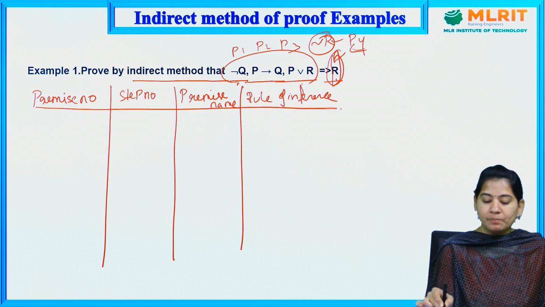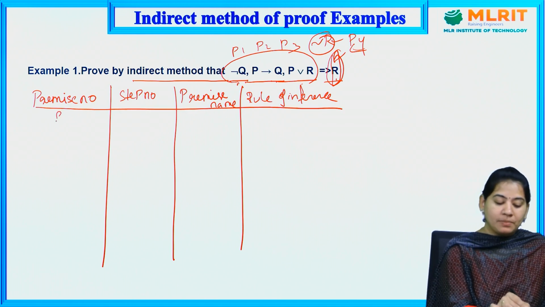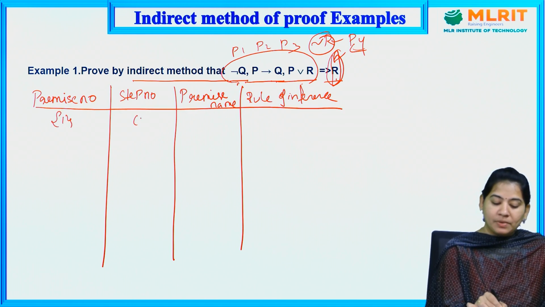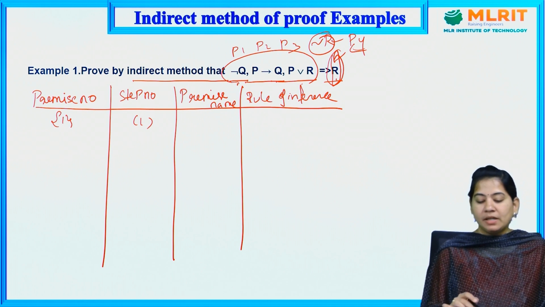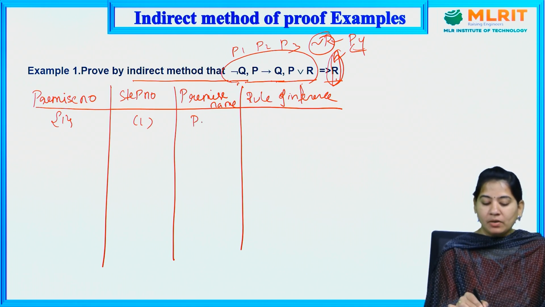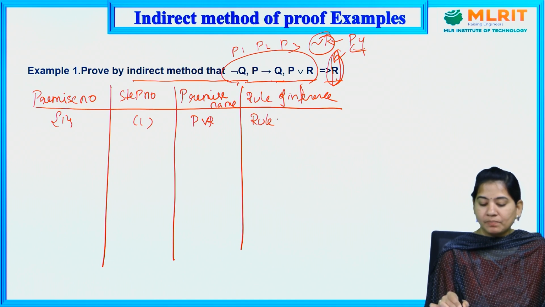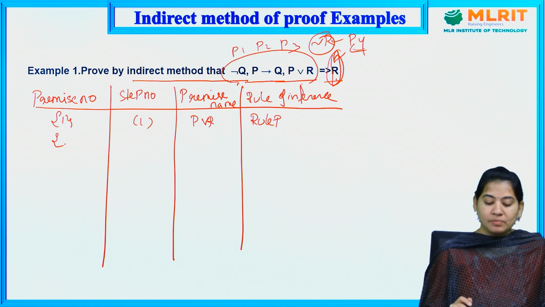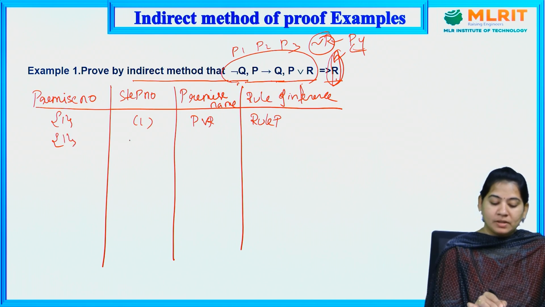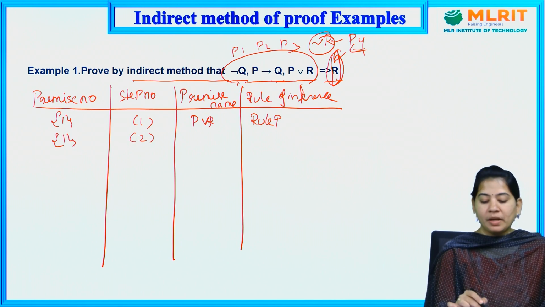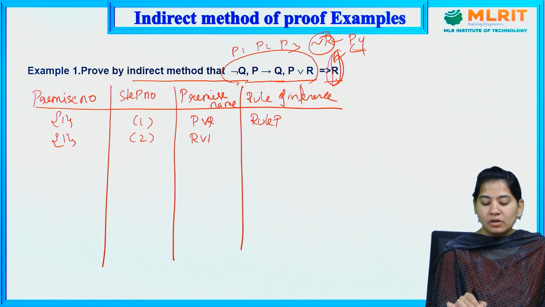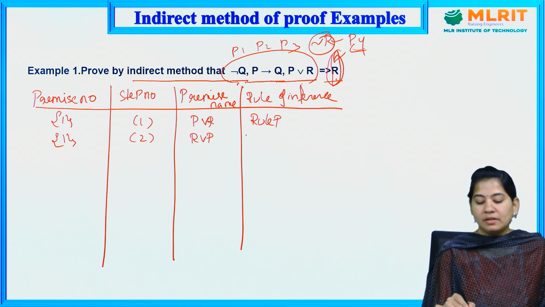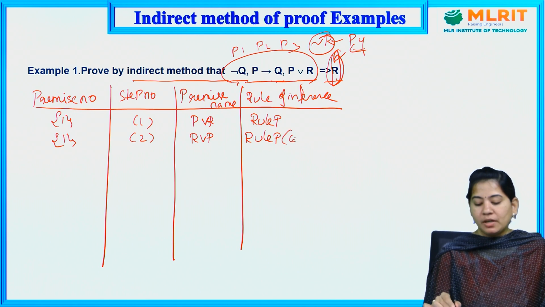So here, the first premise number is 1, step number is 1, and the premise you can include is P or R, and this is rule P. Then premise number 1, step number 2, you can write it as R or P also, and this is rule P, or using the equivalence formula.